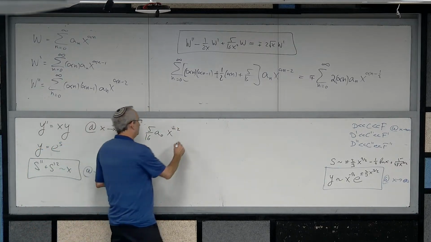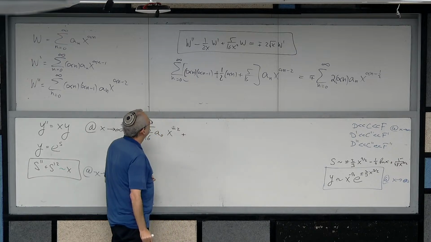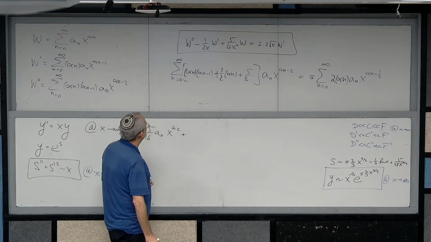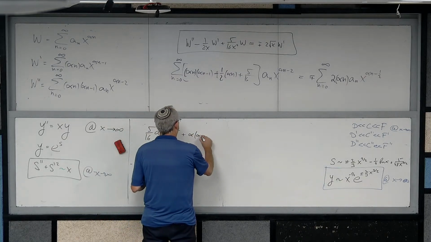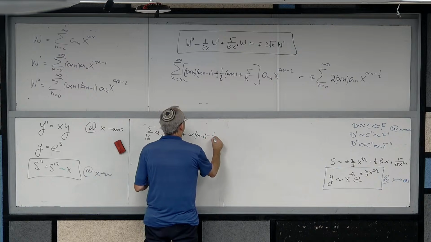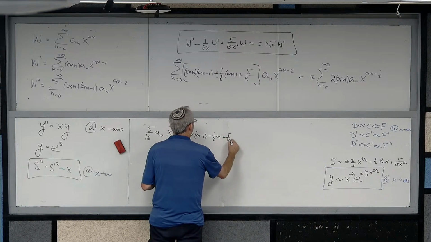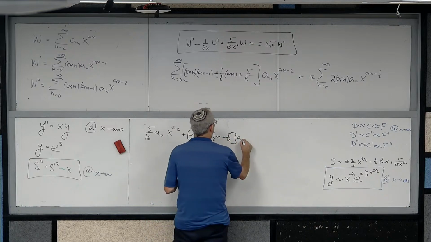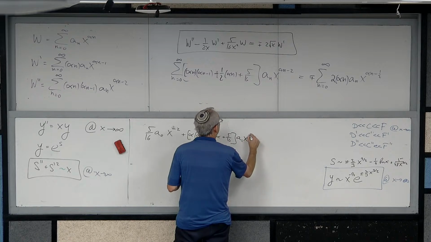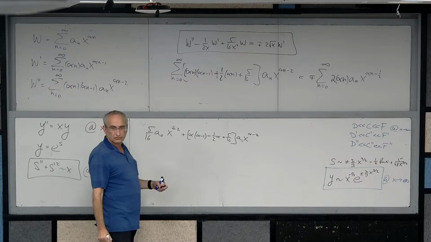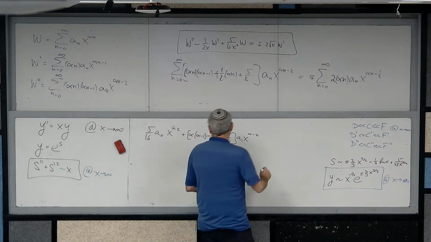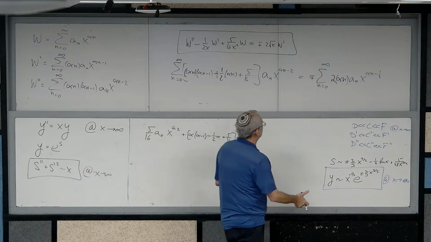What will be the next term? The one with n equals 1: alpha minus 1, times a_1, x to the alpha minus 2. These are the first two terms. What are the first two terms of the right-hand side?